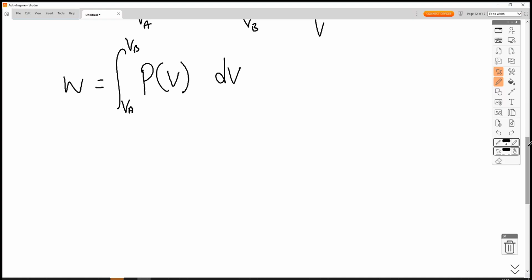So let's write this out. PV equals to NKT. If we rearrange that, P is equal to NKT over V. So it's NKT all over V dV.